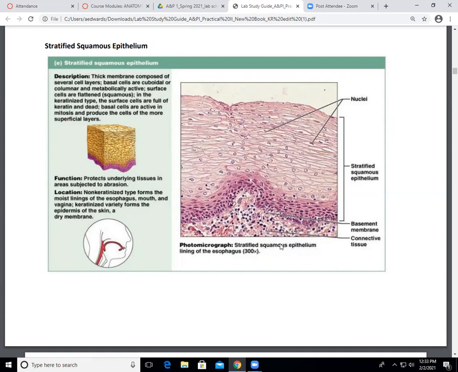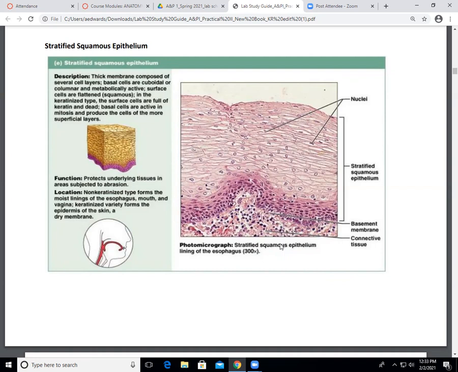Okay. One thing you'll also see with epithelium, typically you have epithelium, and underneath it or deep to it, you've got connective tissue. Okay, and then anchoring your epithelium to the connective tissue is what we call a basement membrane. It should make sense because the basement would typically be at the bottom of the house, right?